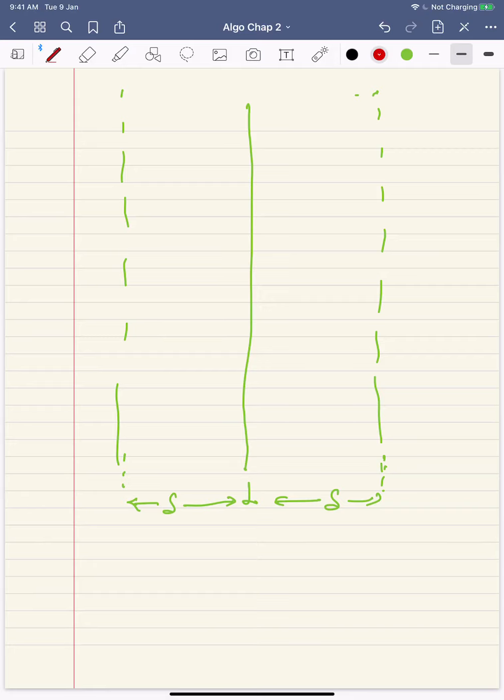Suppose the first point lies somewhere here, the point with the minimum y coordinate. Now I want to prove that I have to compare this point with at most a constant number of other points.